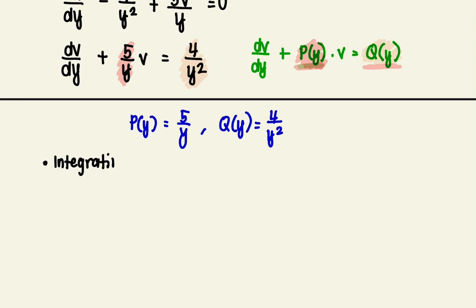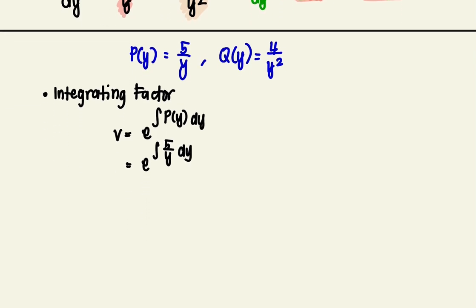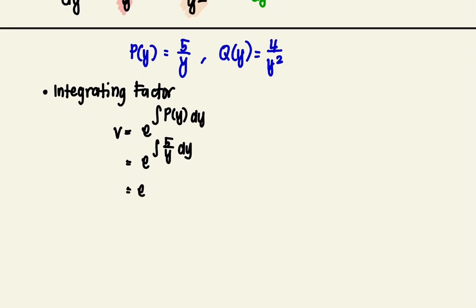The integrating factor is equal to e to the power of the integral of p of y dy. So that's e to the power of the integral of 5 over y dy, or e to the power of 5 ln y. And so the integrating factor is y raised to the power of 5.